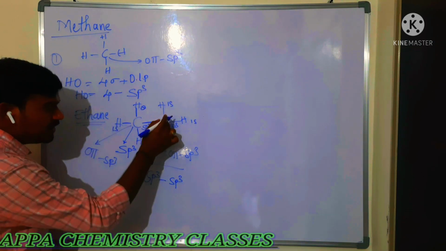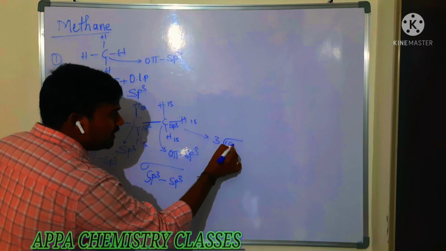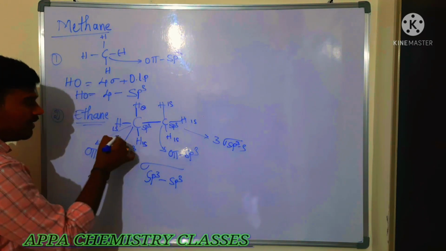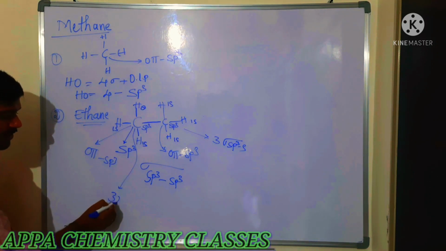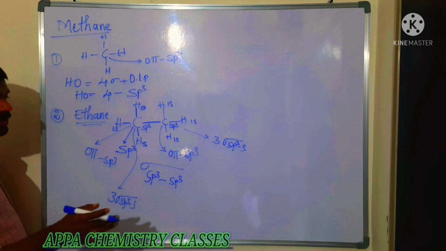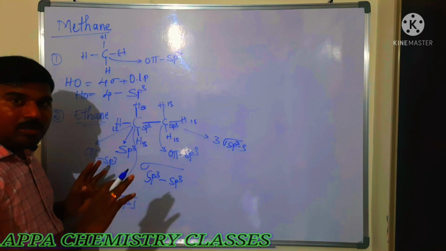Then this carbon will have 3 sigma sp3-s overlappings. This carbon also will have 3 sigma sp3-s bonds. Is that clear? So those are the types of bonds present in the ethane molecule.